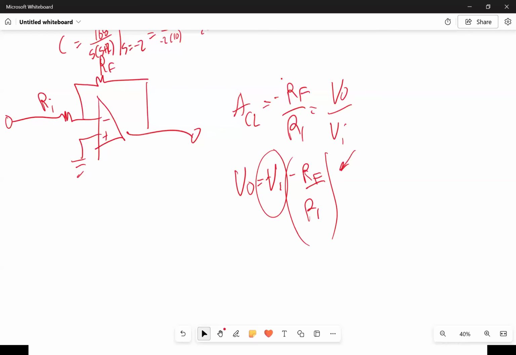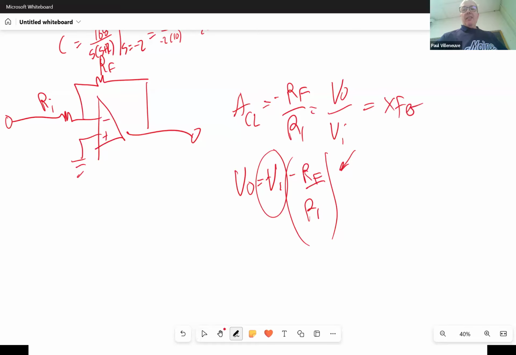Vn, or V1, whatever you want to call it, is whatever value. It could be a sine wave, it could be DC. Multiplying it by negative RF over RI, now it becomes the output, right? So the open loop gain is also called the transfer function. Okay?